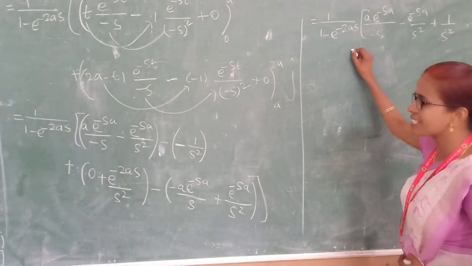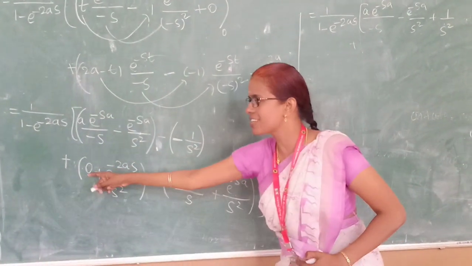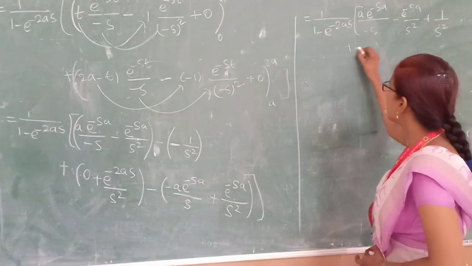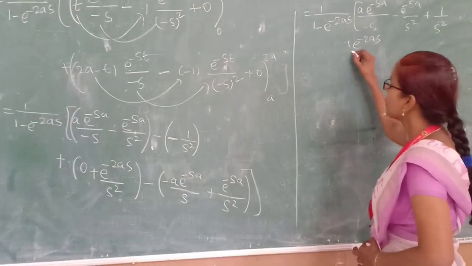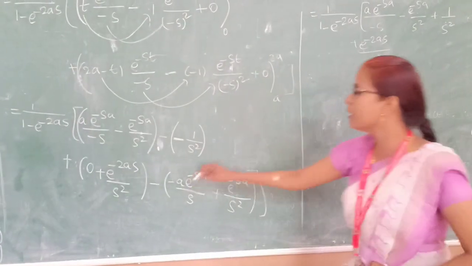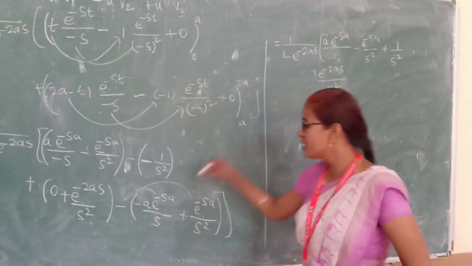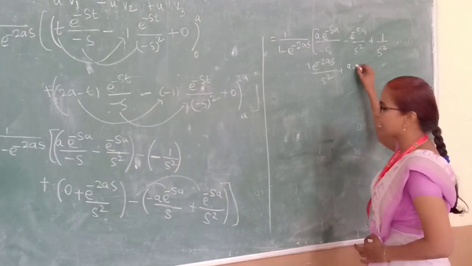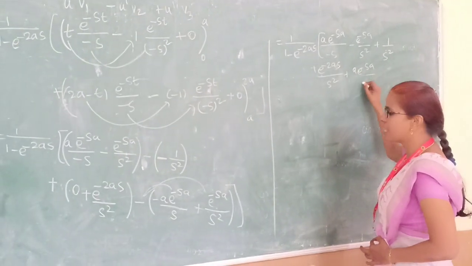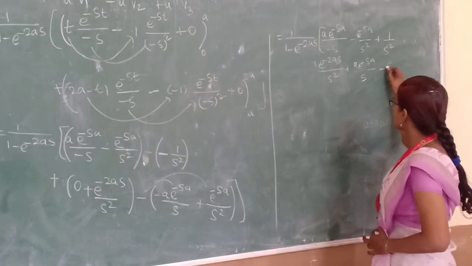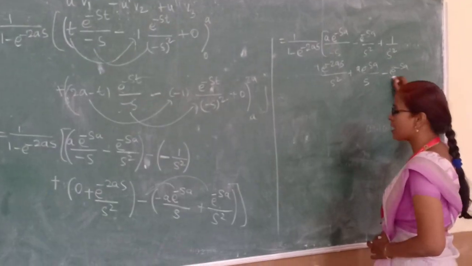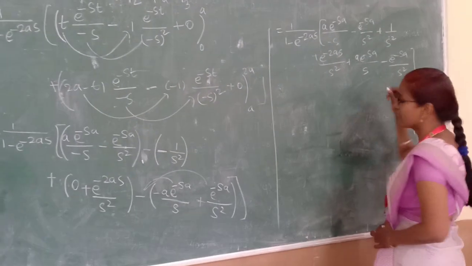Then the next terms: we omit this 0 and write e power minus 2as by s square. Now multiply this minus inside the bracket. This becomes plus a e power minus sa by s, and the next term is minus e power minus sa by s square, then close the bracket.